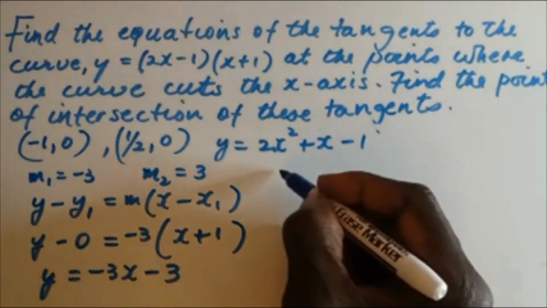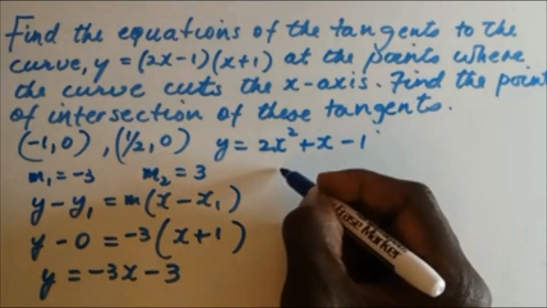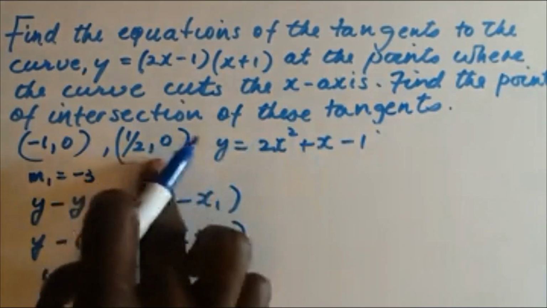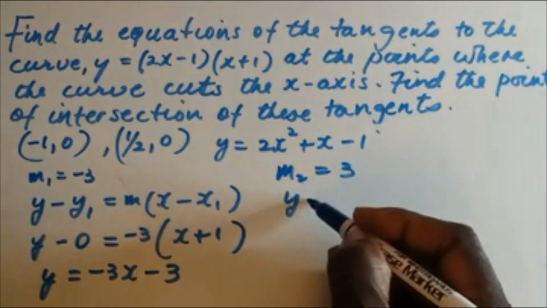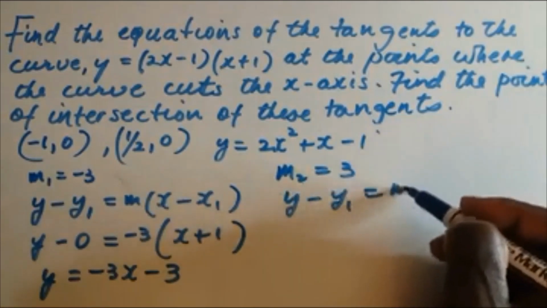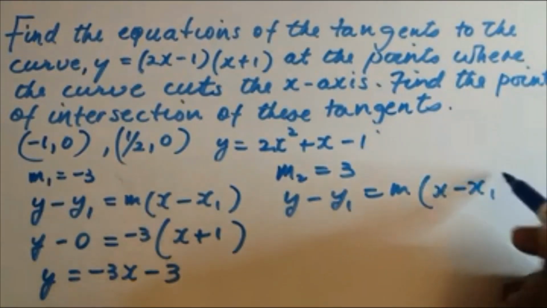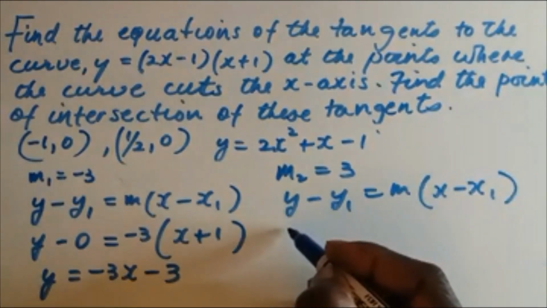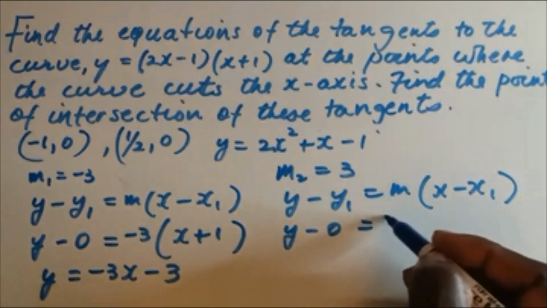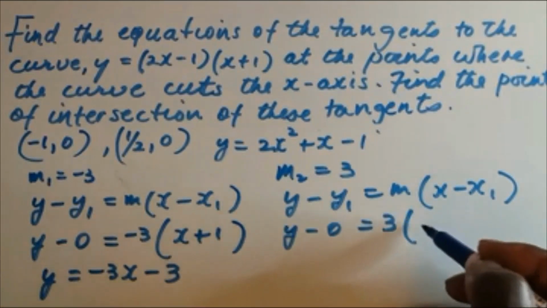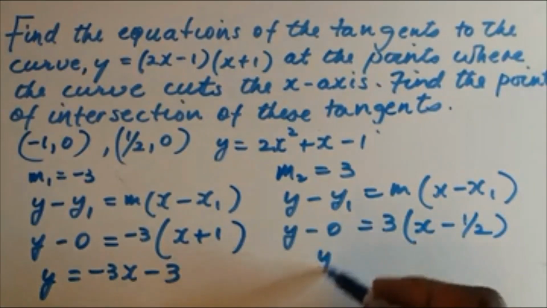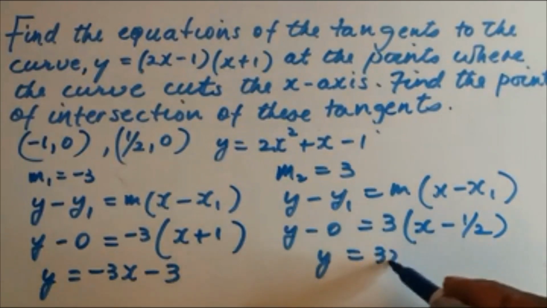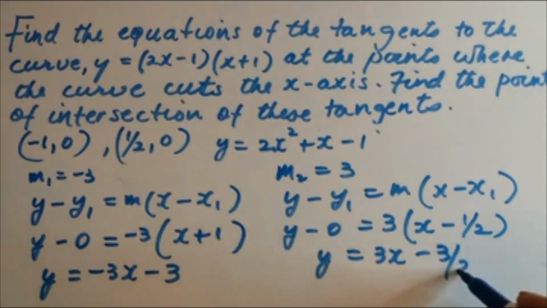And using m2, that's m1, m2 equal to 3, we have y minus y1 equals m into x minus x1, which gives us y minus 0 is equal to 3 into x minus a half, and this gives us y is equal to 3x minus 3 over 2.